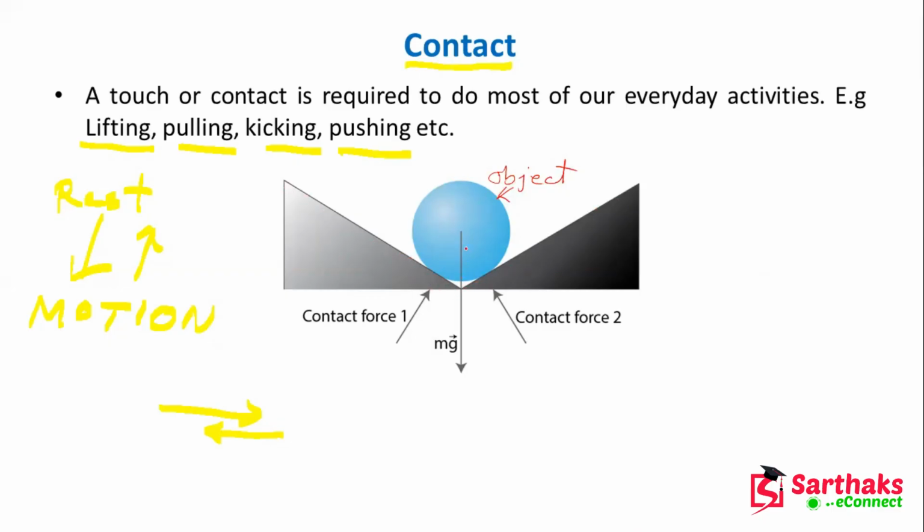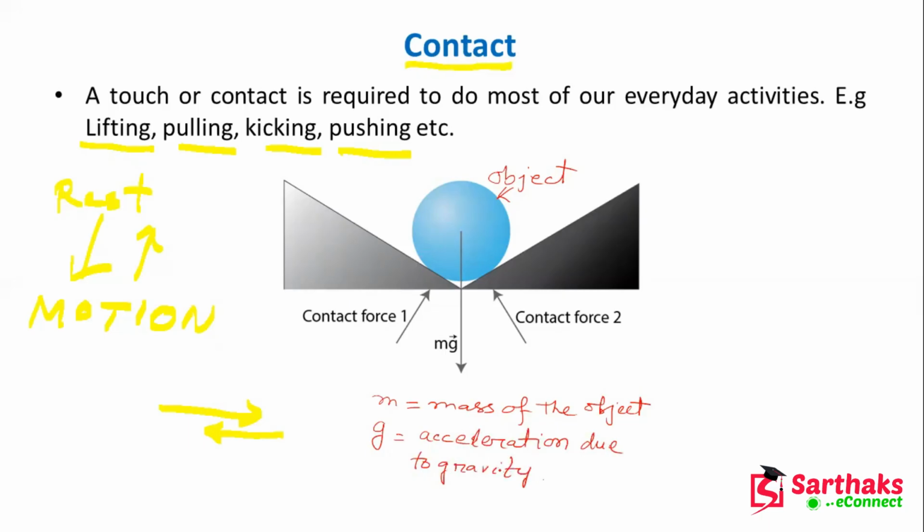And here mg, this force, is called the gravitational force, where m is the mass of the object and g is the acceleration due to gravity.